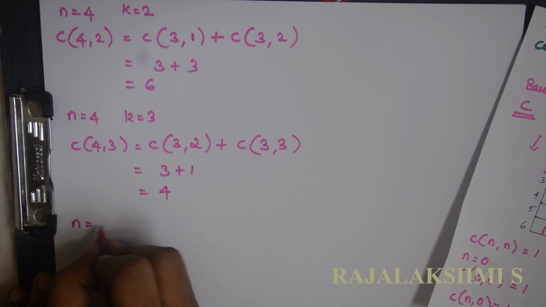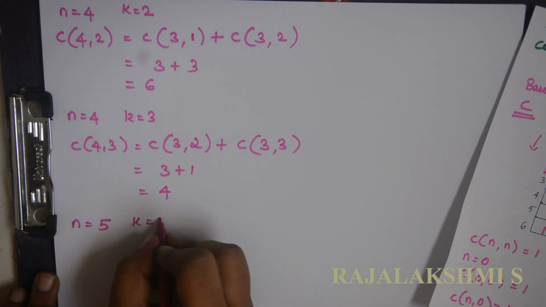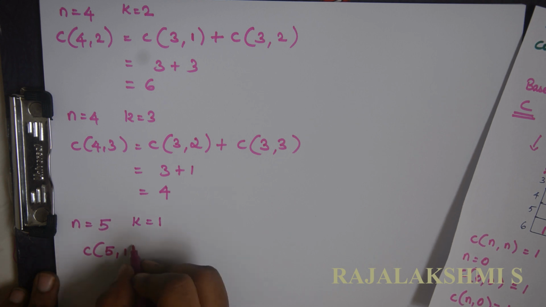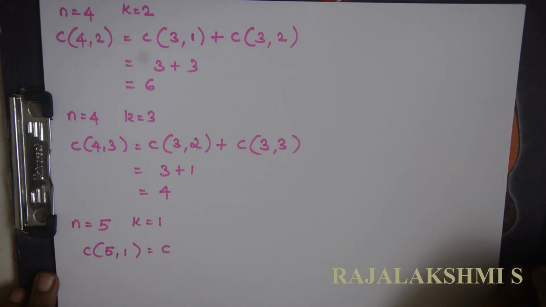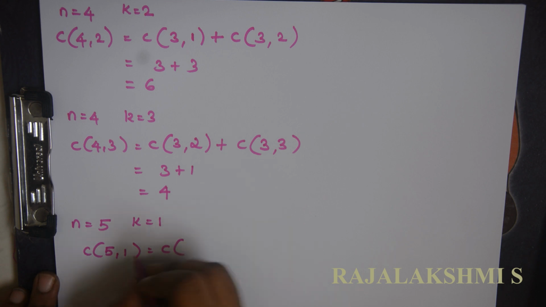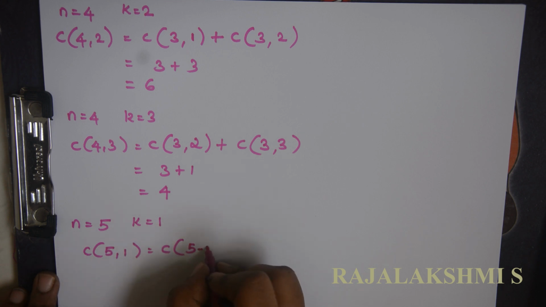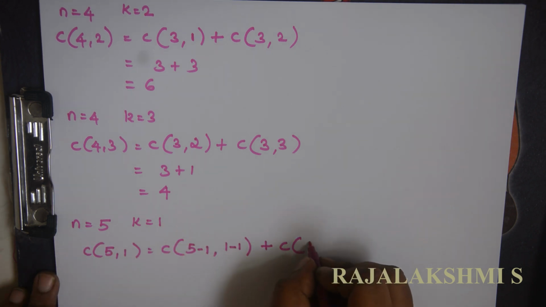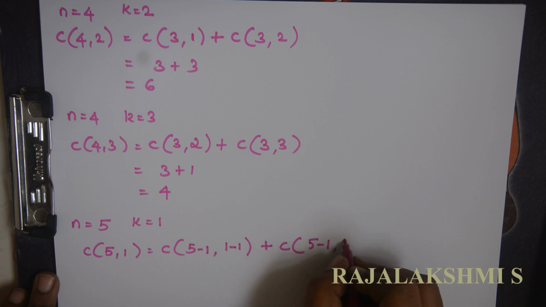When n is equal to 5 and k is equal to 1, C of 5 comma 1 is equal to C of n minus 1, which is 5 minus 1, comma k minus 1, which is 1 minus 1, plus C of n minus 1, which is 5 minus 1, comma k, that is 1.